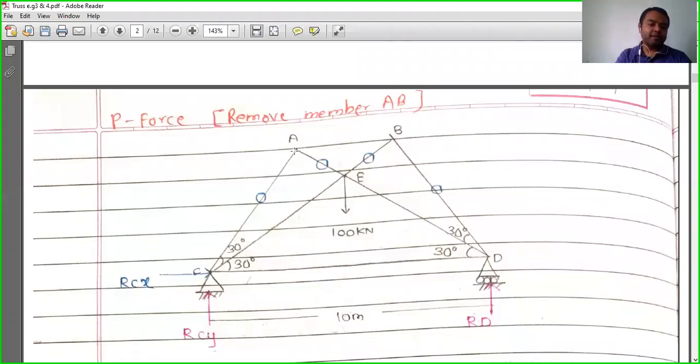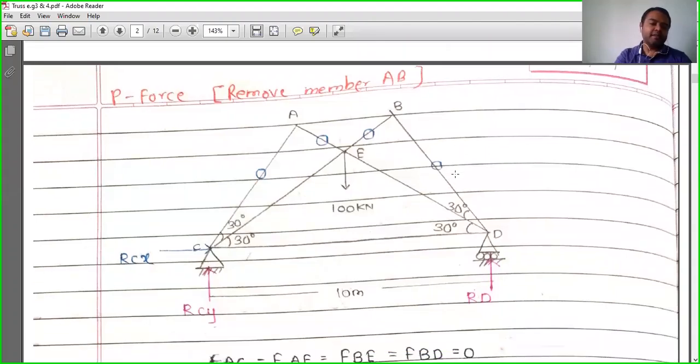So that's why here at joint A and joint B, this rule is applicable. So these four members, 1, 2, 3 and 4, are zero force members. Now our task is to analyze the force in the members CE, ED and CD only. Only 3 members are left to be analyzed.